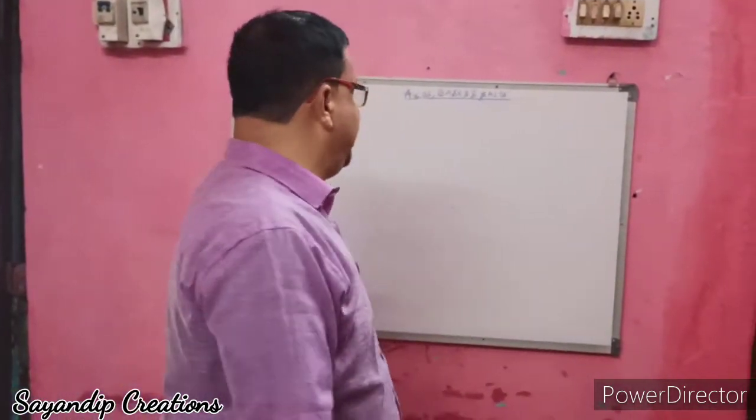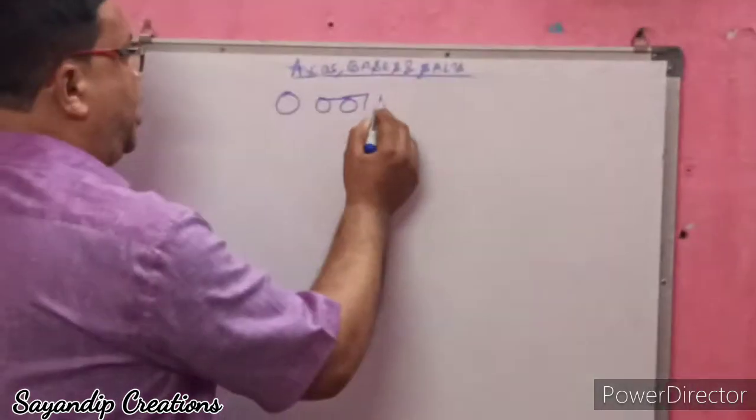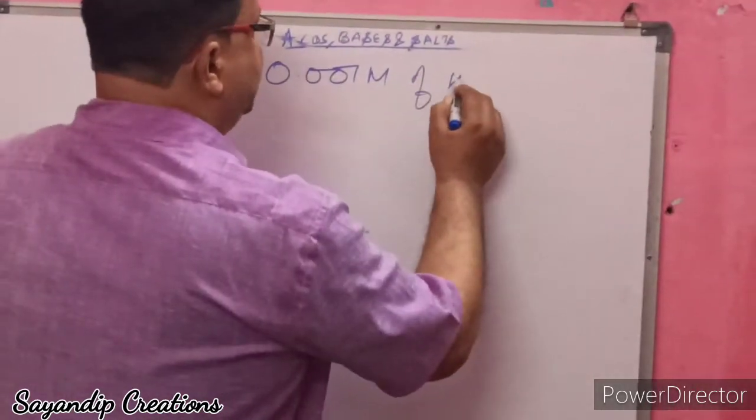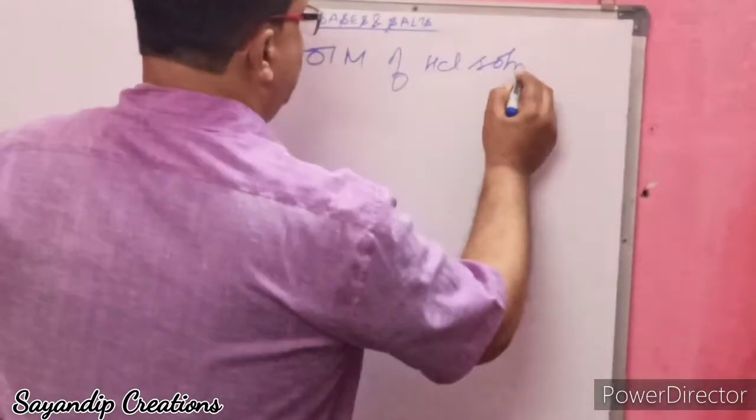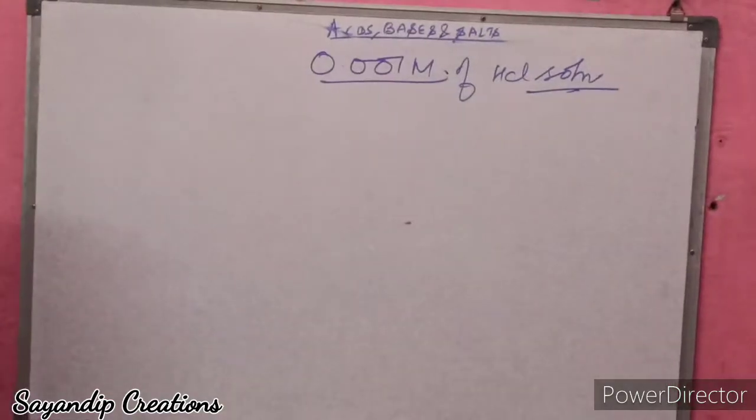Okay? Next, one more question I am giving you. Calculate the pH of the following solution: 0.001 M of HCl solution.